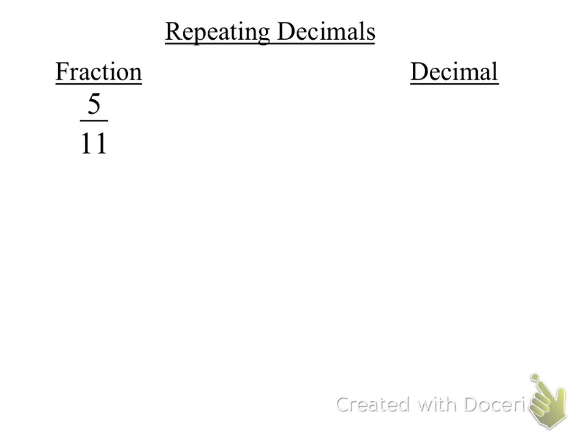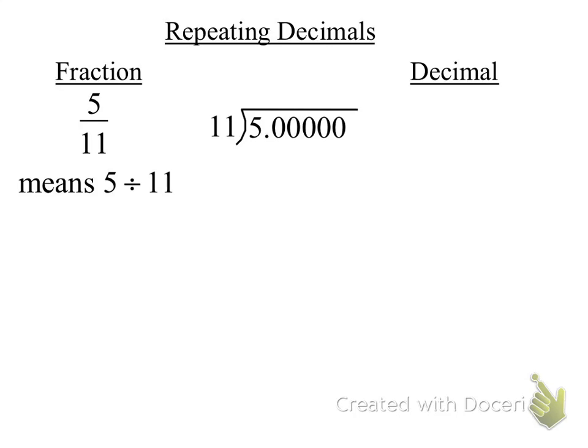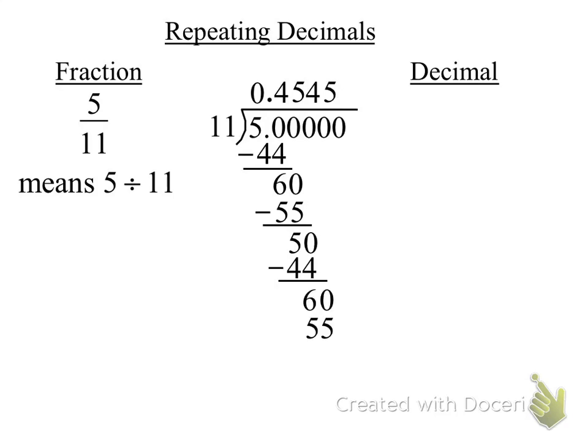Same thing here, just a reminder. If I'm doing it, I divide the denominator into the numerator. And you will see, in this case, what's repeating? So how do I show that?